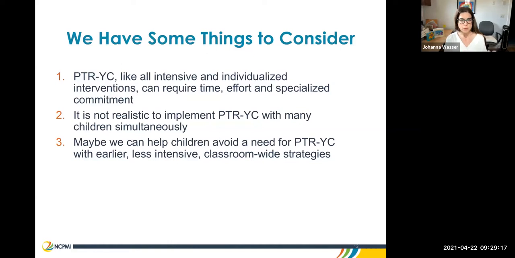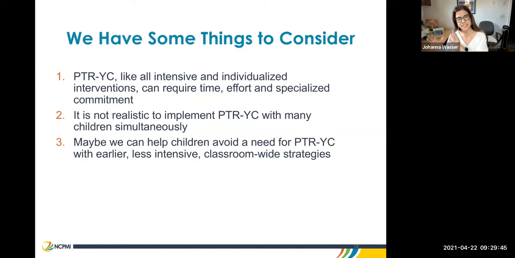And what we know about the pyramid model, right, is that if we have more than 1 to 5% of children experiencing challenging behavior at the very top of the pyramid, there's usually an adult factor there, right? Whether it's environment, whether it's classroom management, whether it's engaging activities. So there are universal factors that we need to put in place.